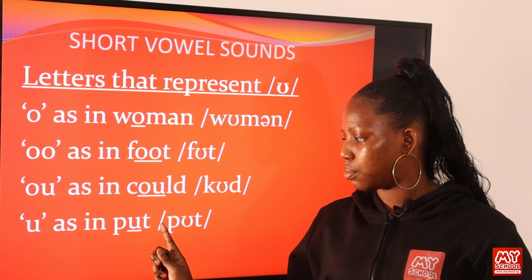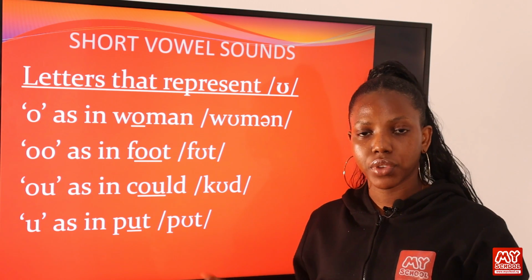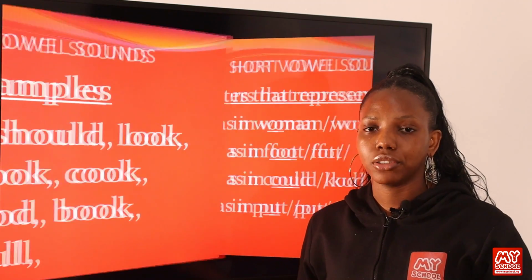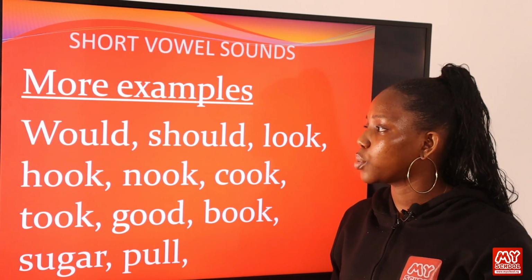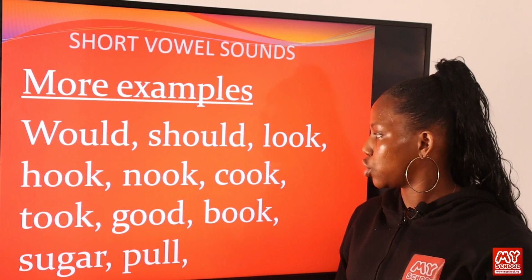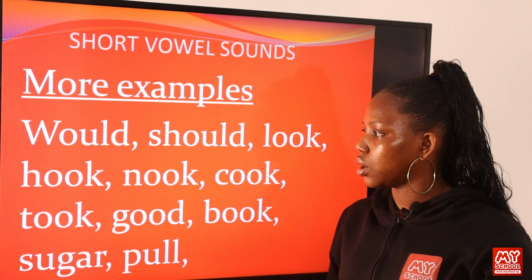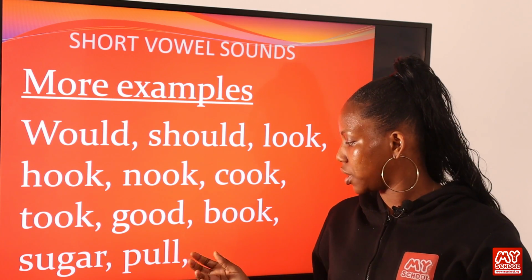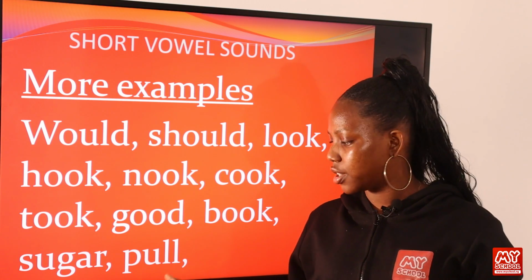U as in put. Now let's take a look at more examples of words that contain this sound. So we have would, should, look, hook, nook, cook, took, good, book, sugar, pull.